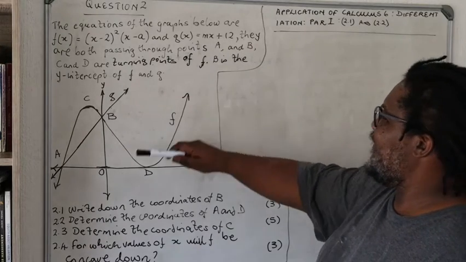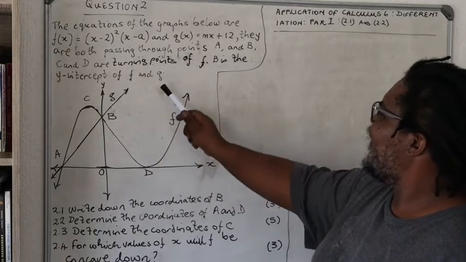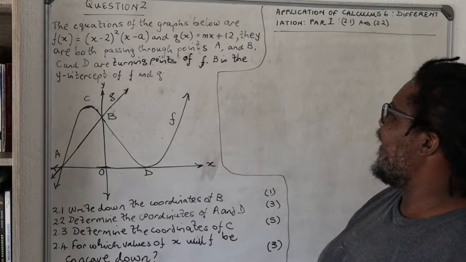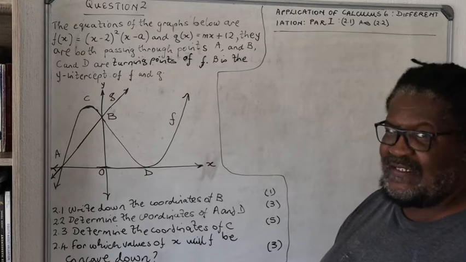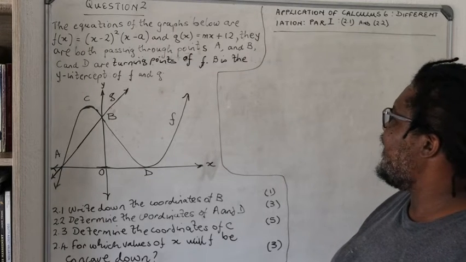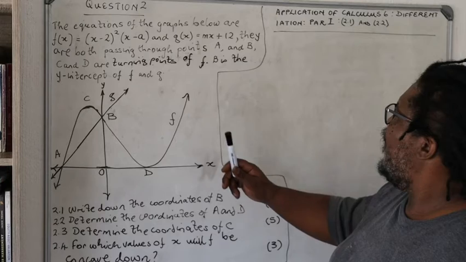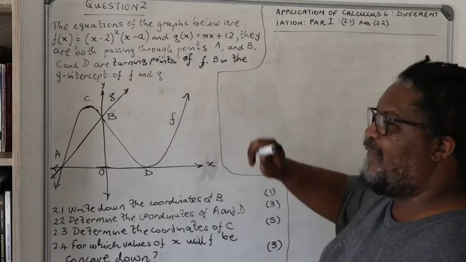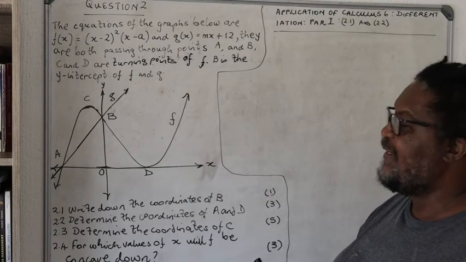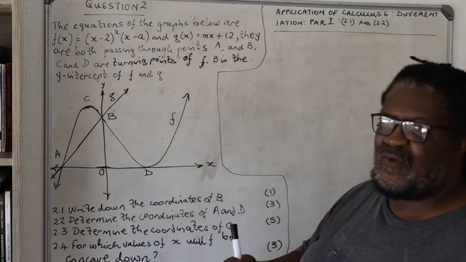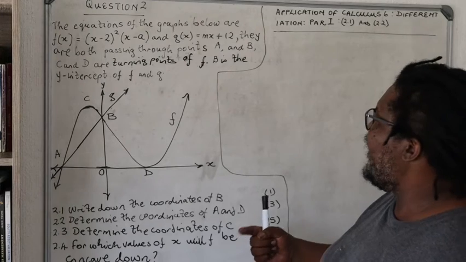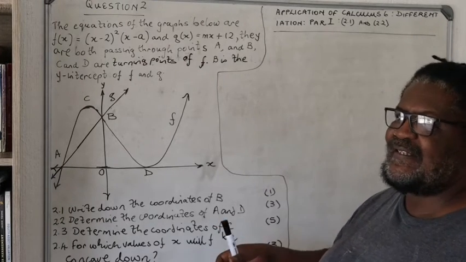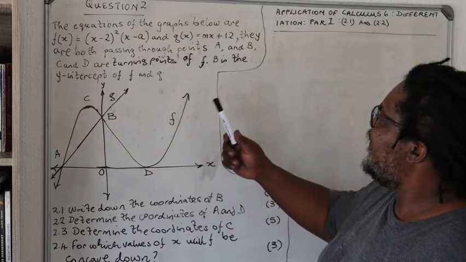And g(x) is a straight line and is equal to mx + 12. m is the gradient. We do not know what it is, and we are supposed to determine it at some point. So you have to realize that g(x) is in the form of the normal equation of a line, which is y = mx + c, where m is the gradient of the line, and c is the y-intercept of the line.